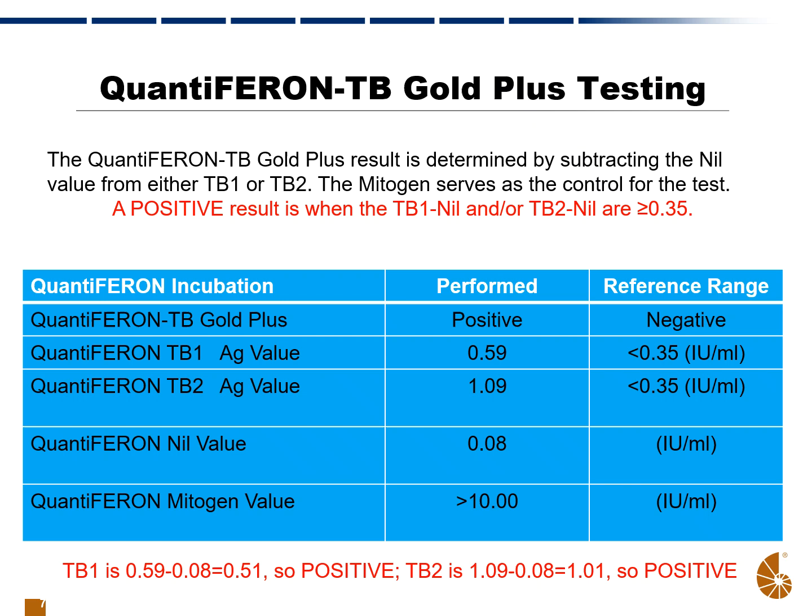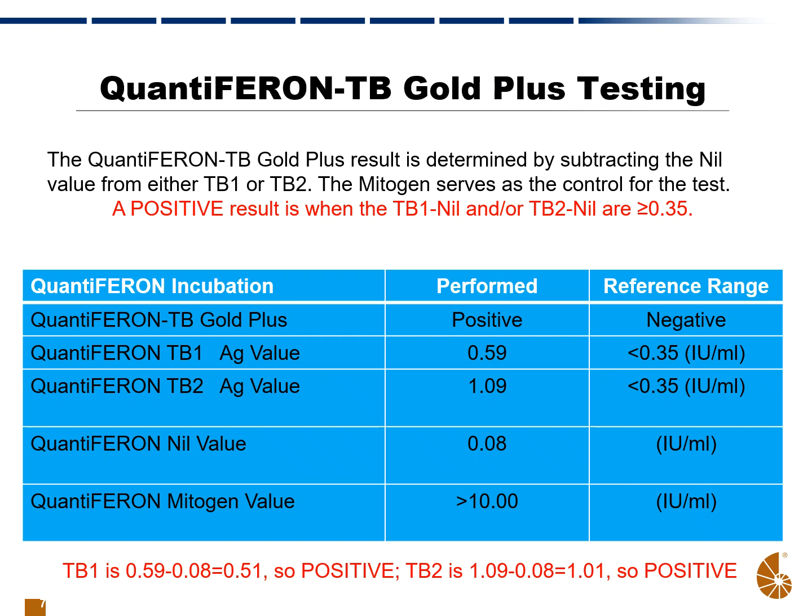The mitogen serves as the control for the test. So a positive result is when the TB1 minus the nil amount and/or the TB2 minus the nil amount are greater than 0.35. Sounds complicated, but we'll go through the test here and demonstrate how this actually applies.